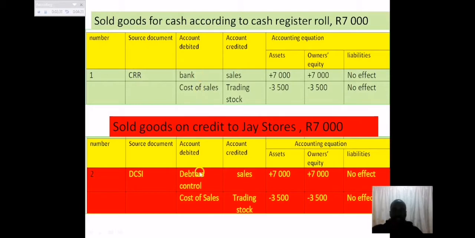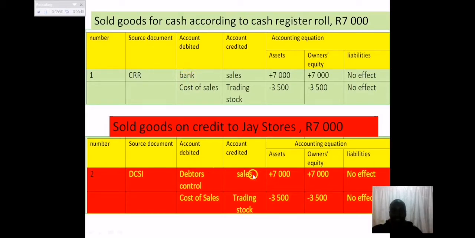Bank replaced by debtors control. So if you look at it carefully now, it's as if our debtors have become our bank, which in a sense is true because they are keeping our money. They will pay us, just like the bank in this case is keeping our money. When we want it, we go and withdraw.